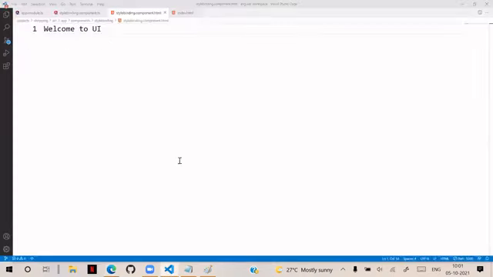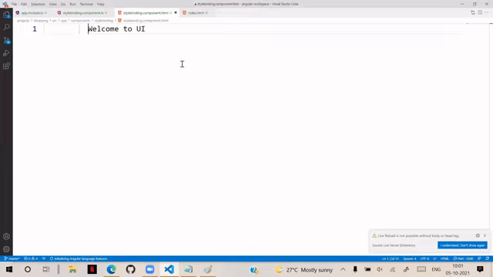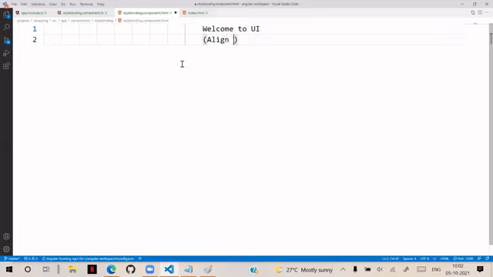But what is the problem here? Observe carefully now. What I am doing here is moving this welcome to the UI towards the center, something like this. And here, I am writing align center, something like this.